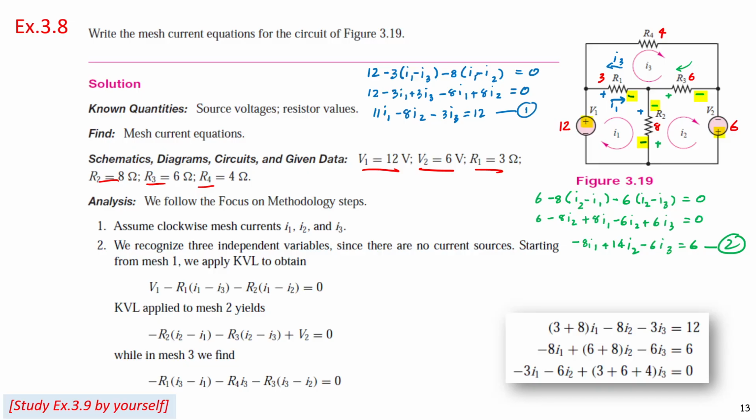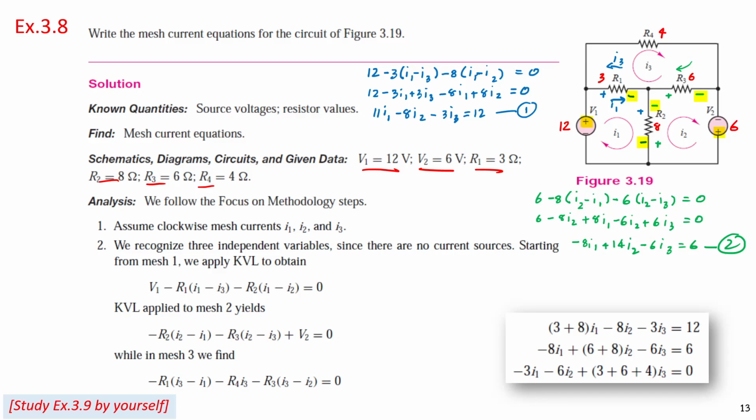Now, third equation. I think the top one is now minus. It is supposed to be plus 8I1 minus 14I2 minus 6I3. Then this will be minus, the same equation.